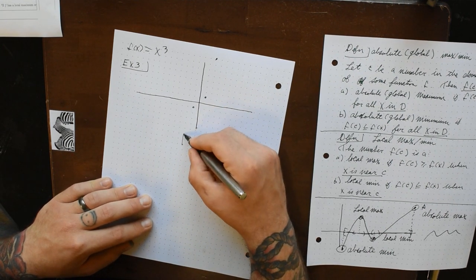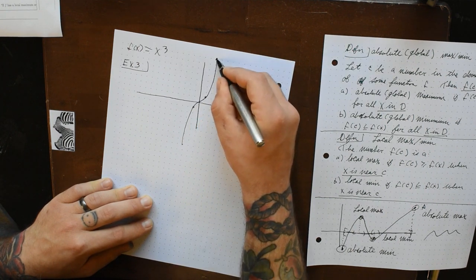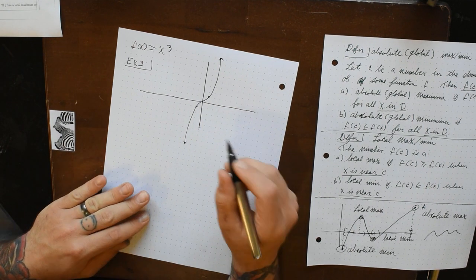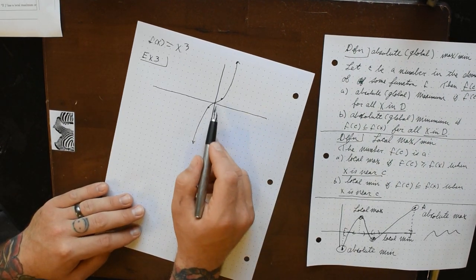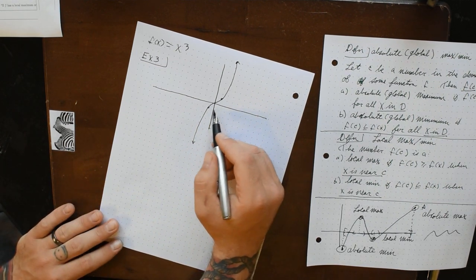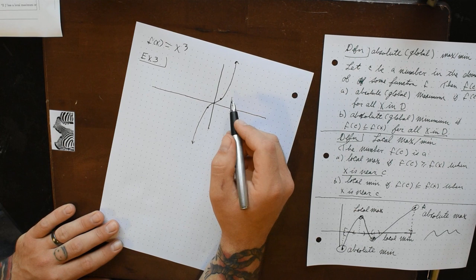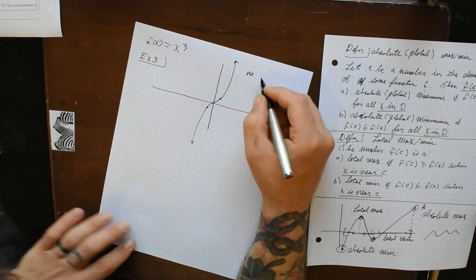So we kind of look like this. And now, right here, and this actually bottoms out more, right here, we have neither a global max, nor a global min.